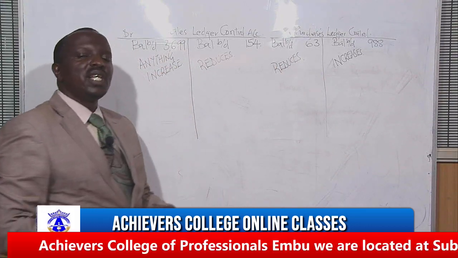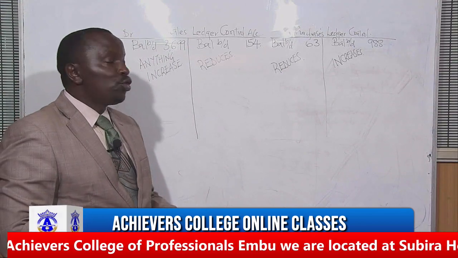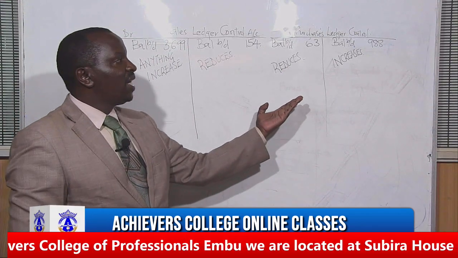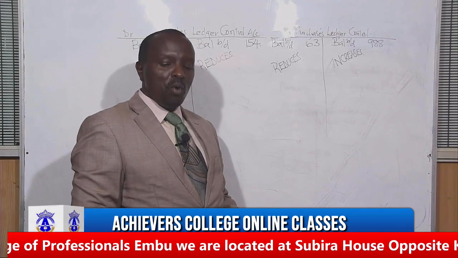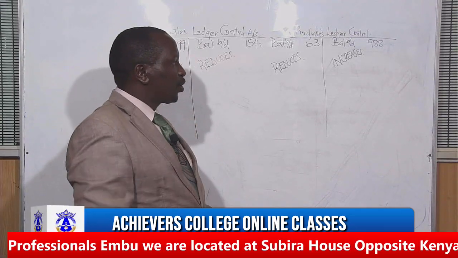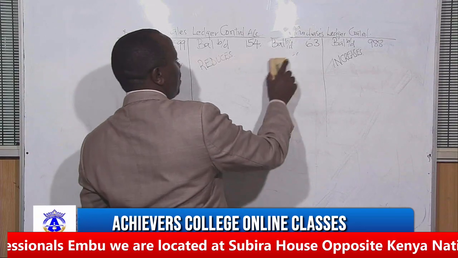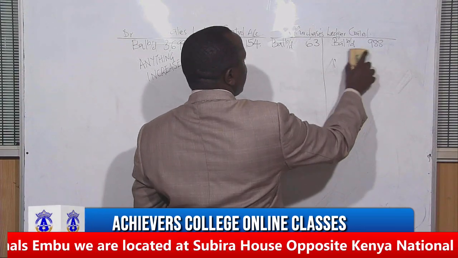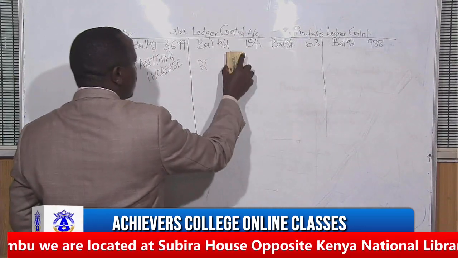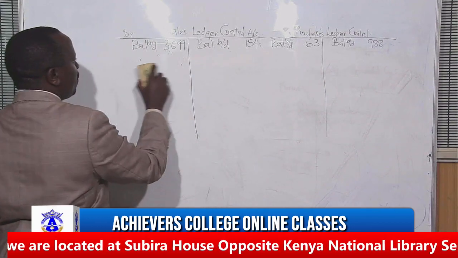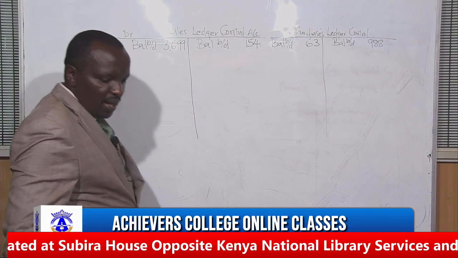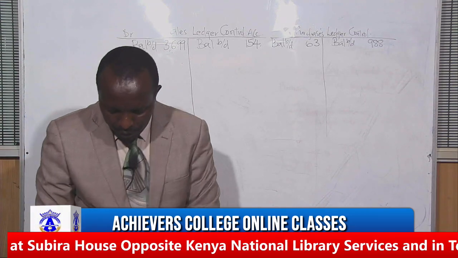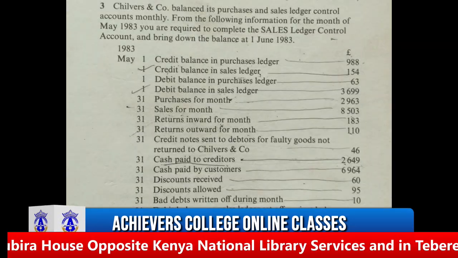Creditors are usually liabilities, and anything that reduces a liability, according to the double entry principle, should be debited. So that is the principle that we are going to use, and from there, if you are able to keep the balances in place, we move to the transactions now.